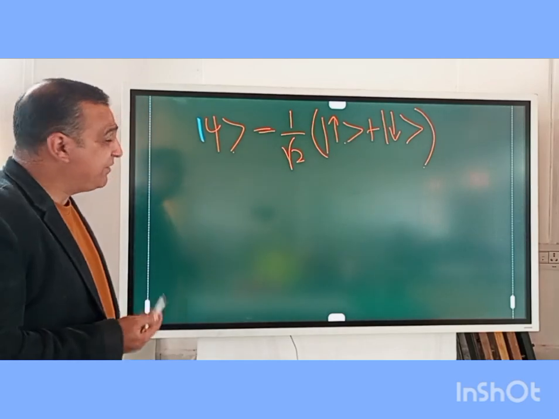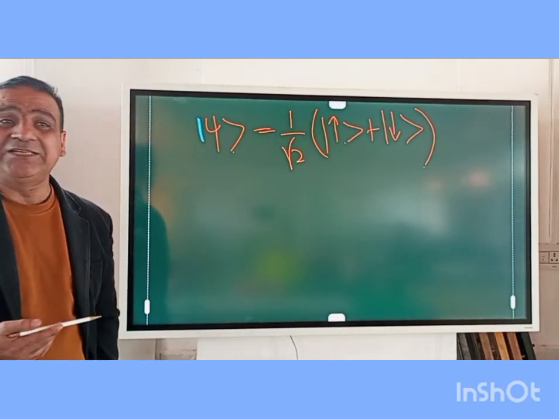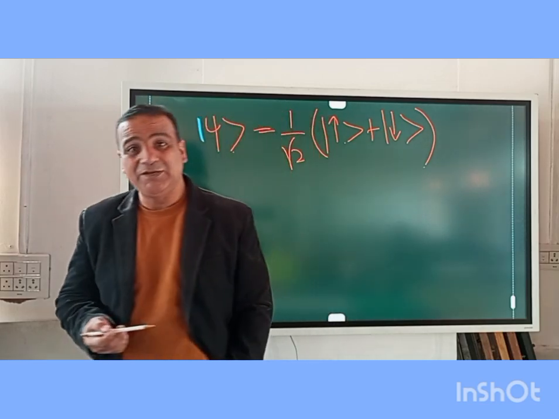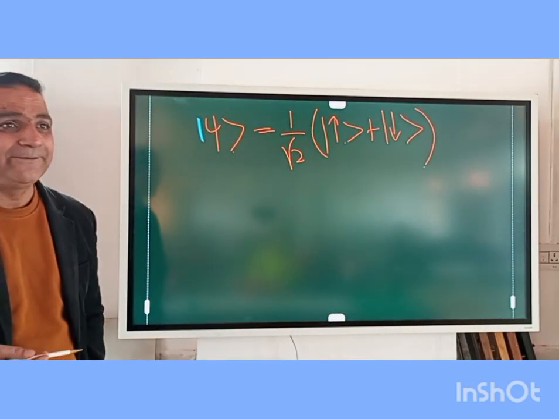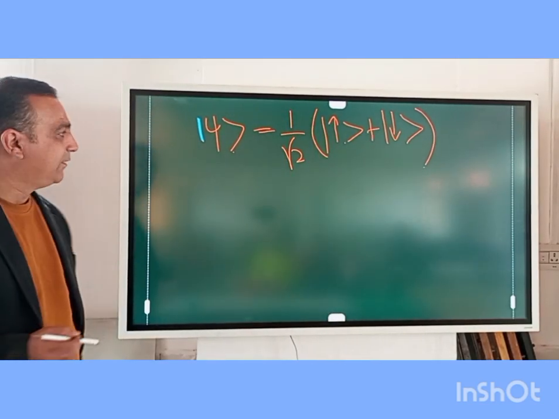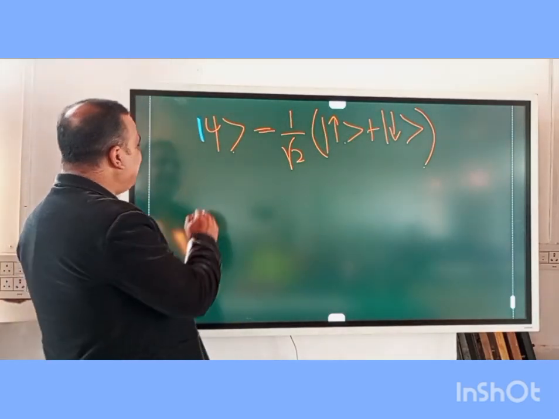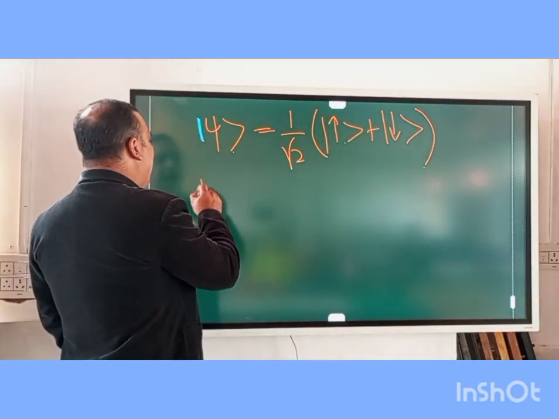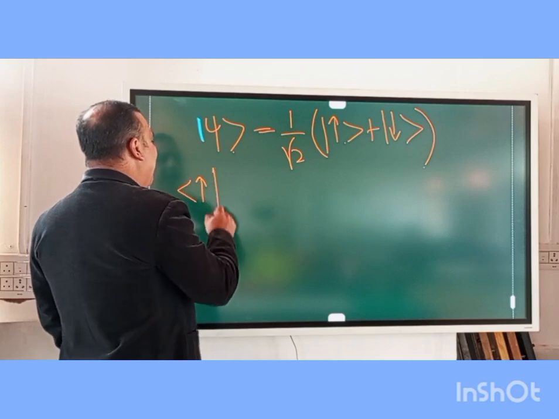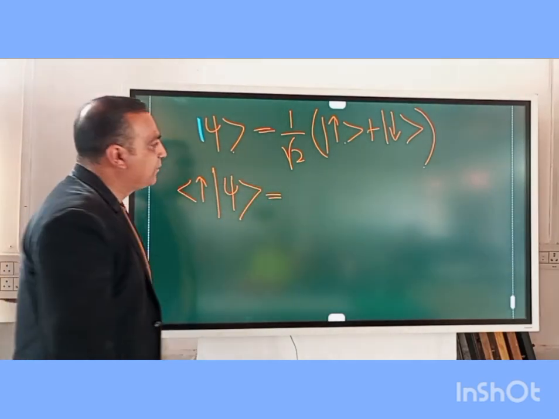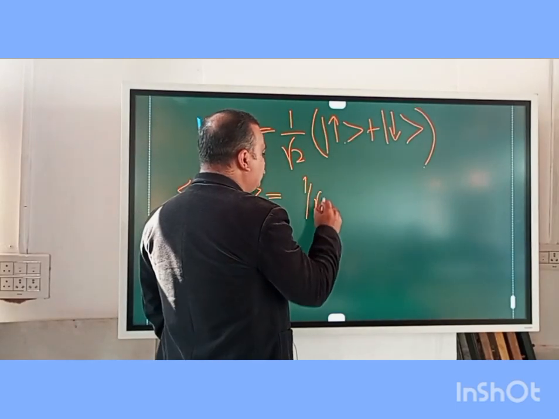It is in superposition, but I want to measure it. If I want to measure it, I can calculate the probability of measurement. Are you getting my point? See, if I take spin up and act it on psi, I'll get 1 by under root 2.